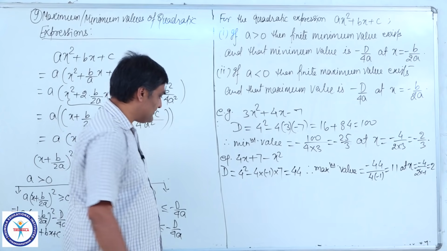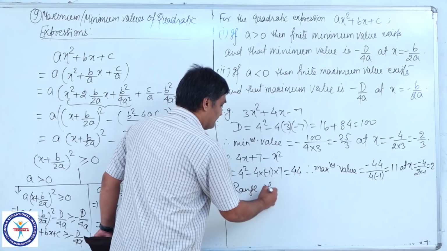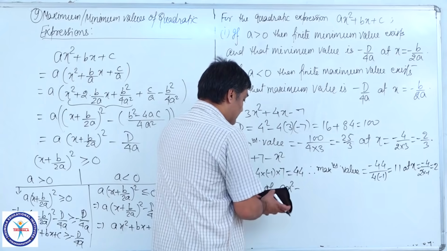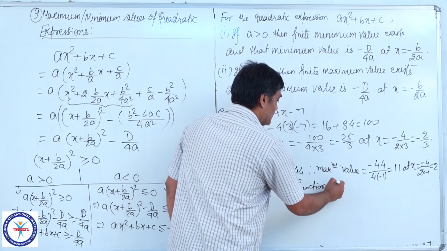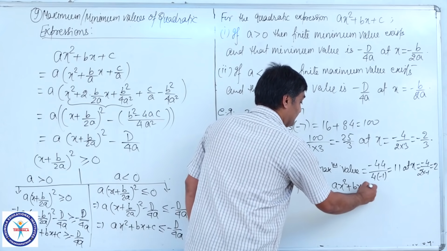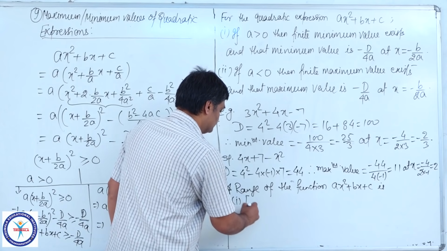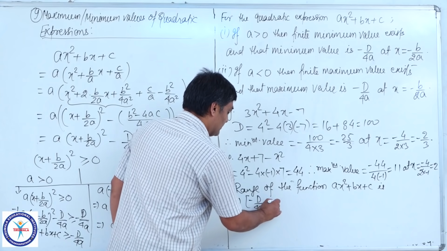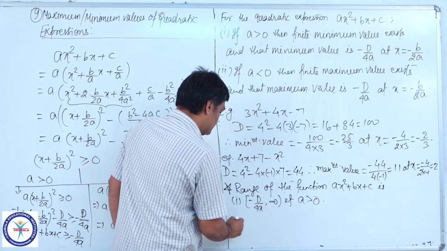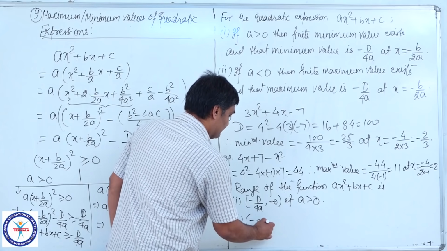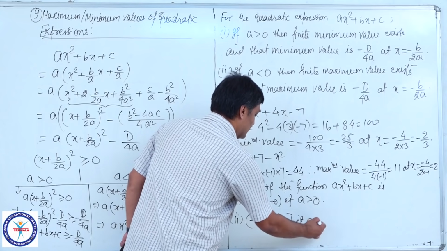So you can summarize this result. The range of the function ax square plus bx plus c is minus D by 4a to infinity if a is greater than 0, and minus infinity to minus D by 4a if a is less than 0.